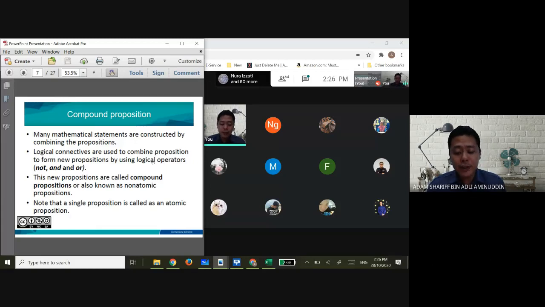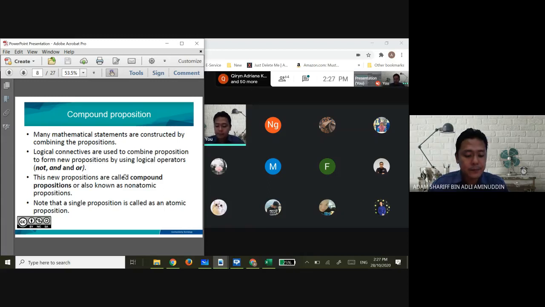Two propositions are combined into a single proposition that is known as a compound proposition. And how to combine two atomic propositions into one, we call it logical connectives. Tadi saya guna apa? Saya guna and. Dia boleh juga or. Dia boleh juga not. Ni contoh, ada 5 logical connective yang wajib diketahui yang kamu akan belajar dalam kursus ni.